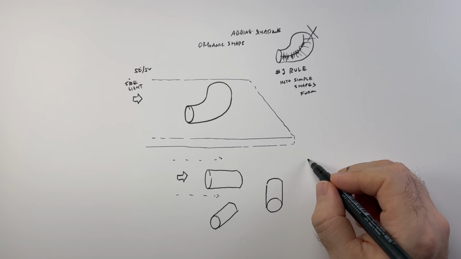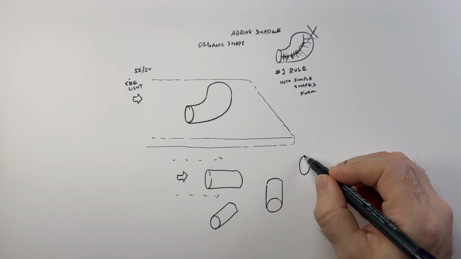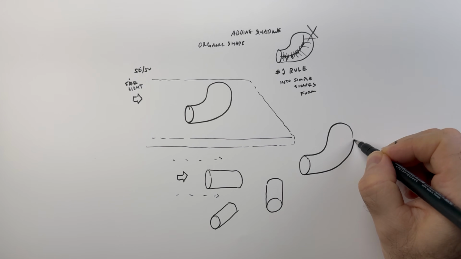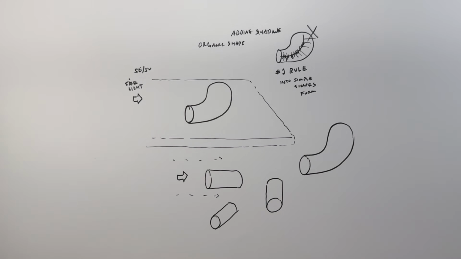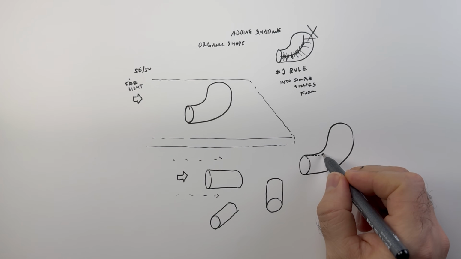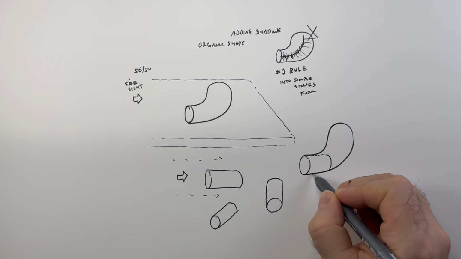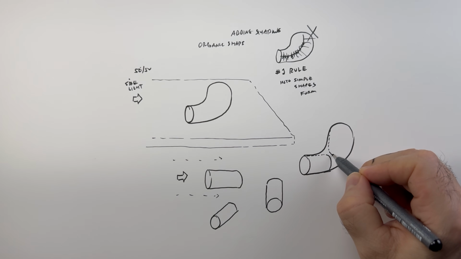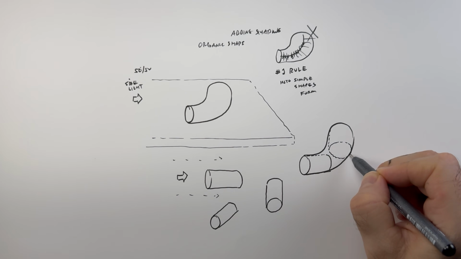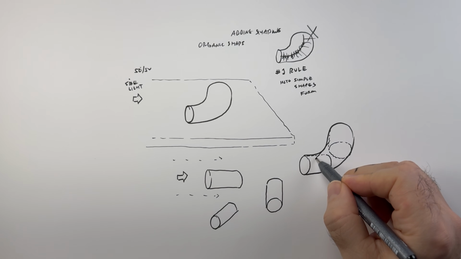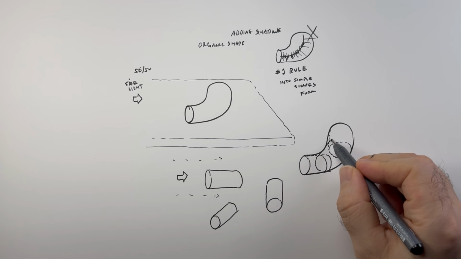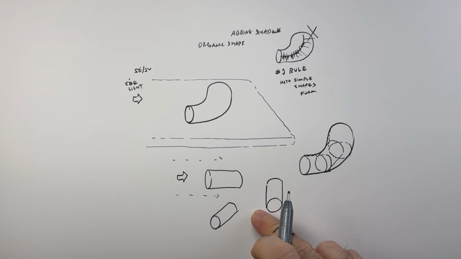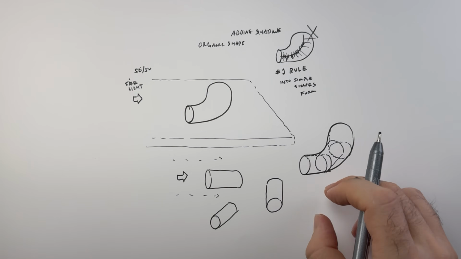So we have this weird looking shape, and I have this shape, or this form, which is a cylinder. Then we have this big old cylinder right here, and then we even have this cylinder. I don't know if you guys can see that, but these 3 are in this shape.